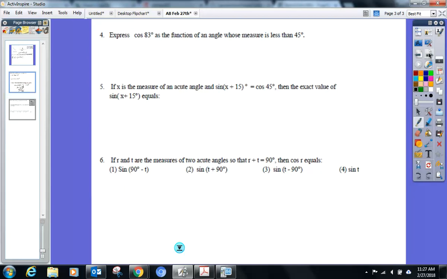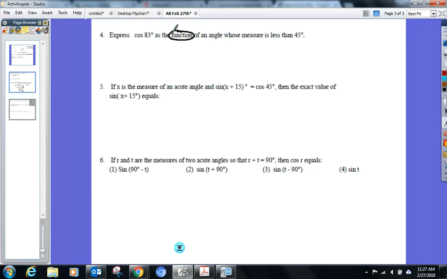The directions kind of mess with your head a little bit. Express cosine of 83 as a function. Now, hey, when it says function, that means sine, cosine, tangent. Rewrite this with another function, sine or tangent, and the angle's got to be less than 45 when you write it. Okay? So cosine of 83 is the same as, what's cosine's cofunction?